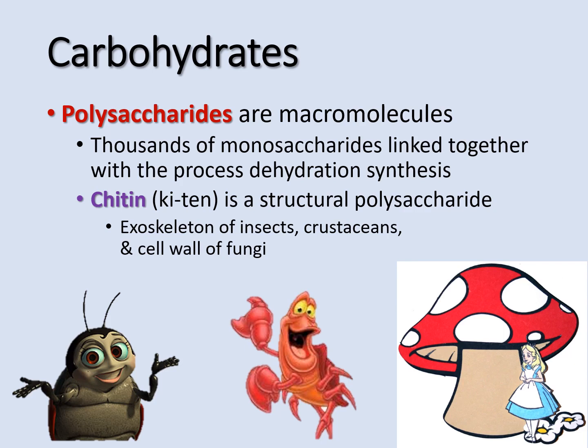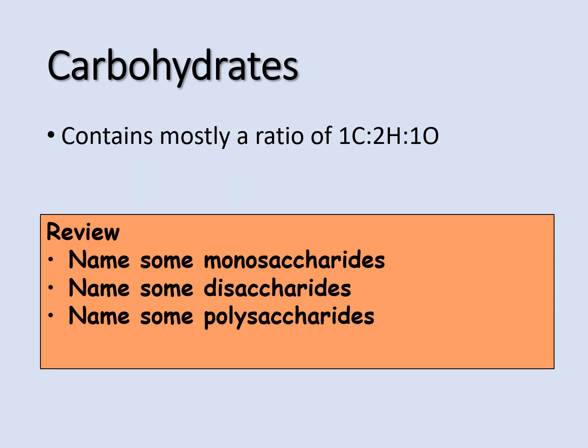This is in the exoskeleton of insects, crustaceans, and even in fungus, like mushrooms, in the cell walls of fungi. So it's a structural compound just like cellulose, but it's even stronger, right? So very strong structural component for these insects and crustaceans.